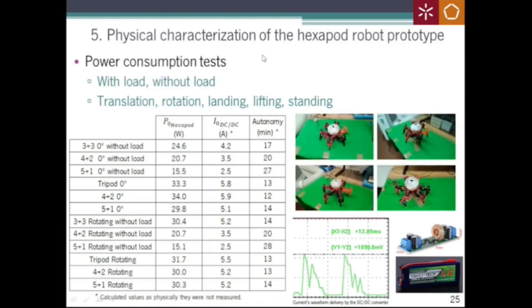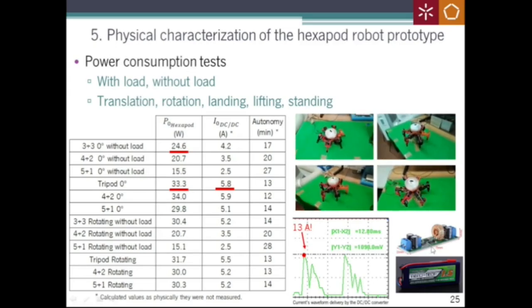Energy consumption tests were carried out for all studied gaits, either with the robot moving on the ground or freely in the air. This allowed demonstrating that even without load, the servo motors consume a higher power than previously calculated and, despite the chosen DC-DC converter allowing the robot to function, the average current supplied exceeds the specified value, as well as there are considerable current peaks, and as such a new converter was proposed.